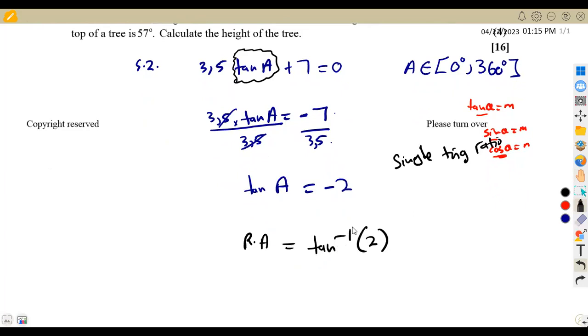So it's going to be arctan of 2. The negative that you are seeing here is for the quadrant. It indicates the quadrant where tan is a negative.